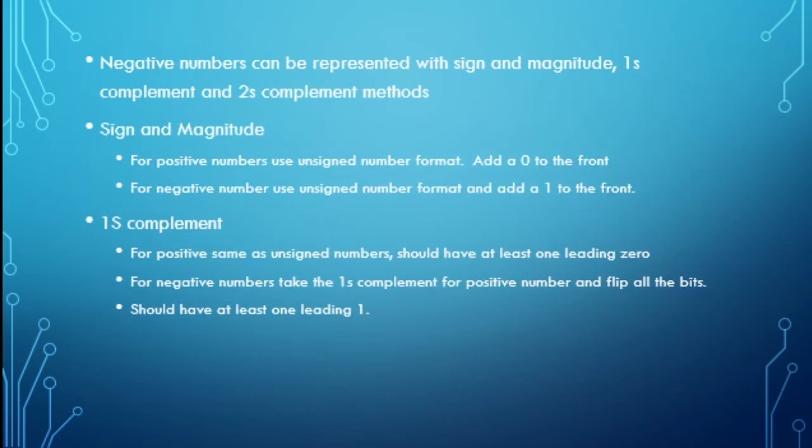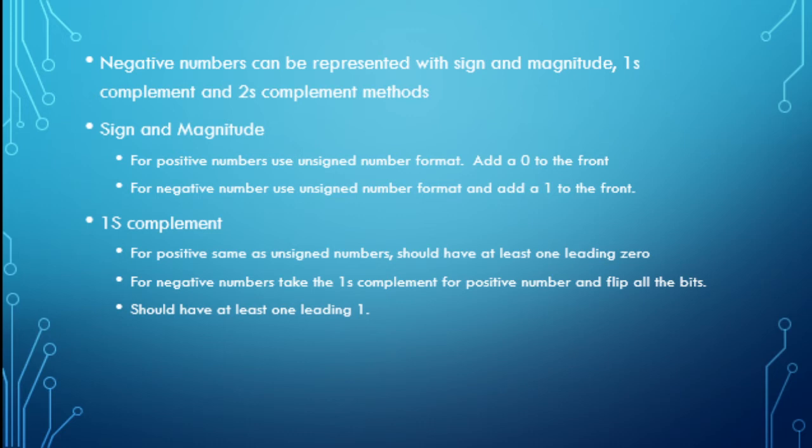Now let's look at how to represent negative numbers. There are three common methods that are used to represent negative numbers. First is the sign and magnitude method. If the number you want to convert is a positive number, you just follow the unsigned number conversion method, but you have to make sure you have at least one leading zero.